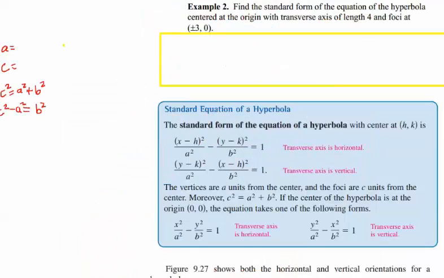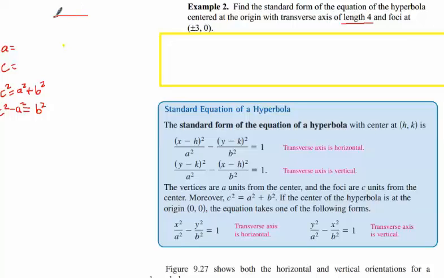Okay, another example. Find the standard form of the equation of the hyperbola centered at the origin with a transverse axis of length 4 and foci at plus and minus 3, comma 0.